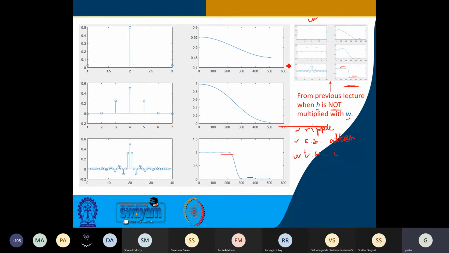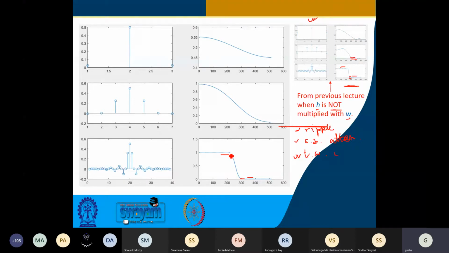Otherwise, you know, that is the standard one that we had seen before. And the attenuation part, you can see the scale is more or less the same as in the previous diagrams. So if you remember that, or otherwise you can imagine that the stop band attenuation performance is better.